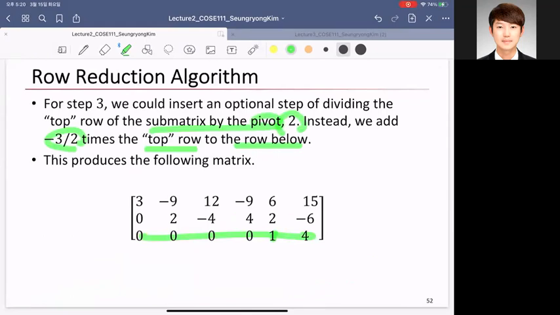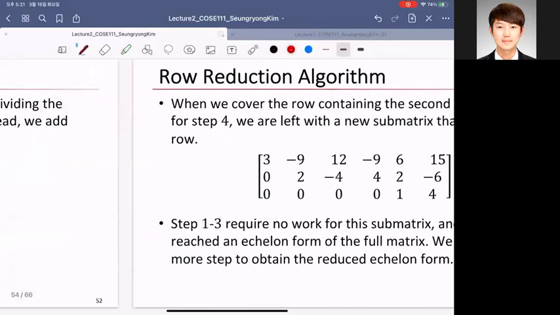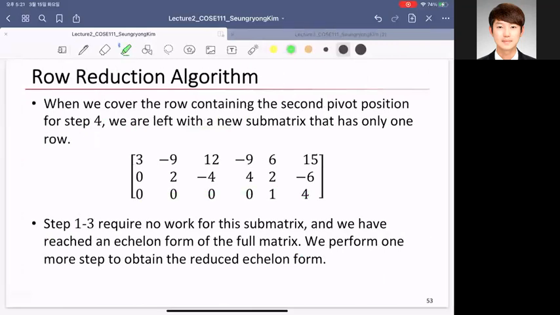Okay. So this produced the following matrix. It looks like this. So this was a pivot position and this was a pivot position. When we cover the row containing the second pivot position for step 4, we are left with a new sub-matrix that has only one row.